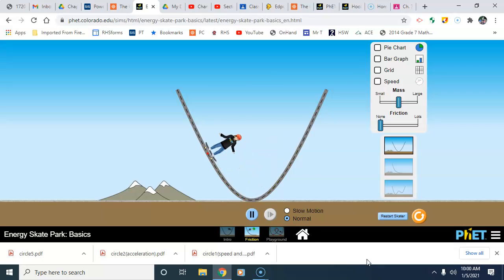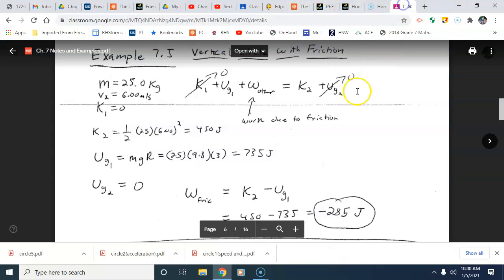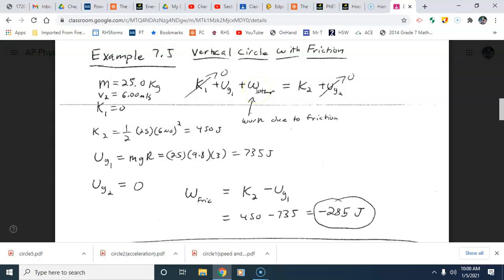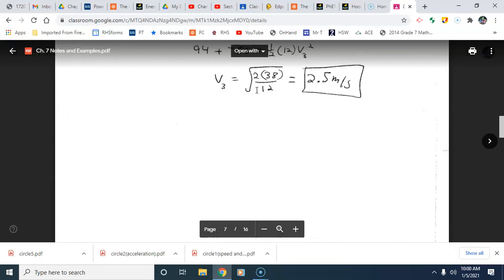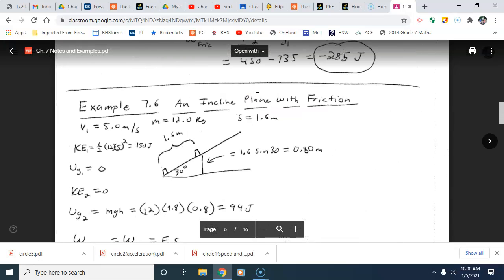That's into the system. It wasn't part of the system itself. That would be a positive amount I would plug in there for work other if it puts energy into the system, if I'm plugging in a number directly for it. Make sense? Okay.